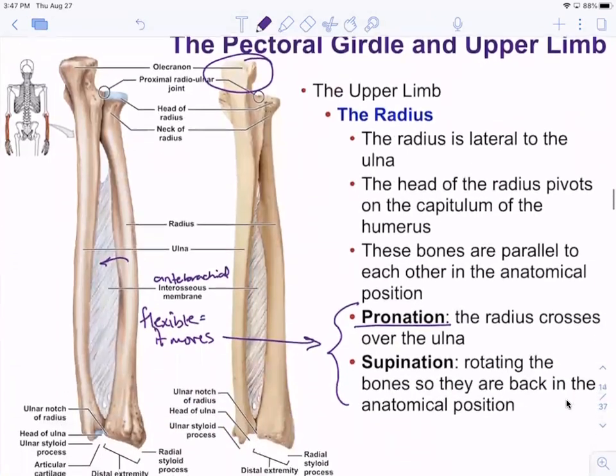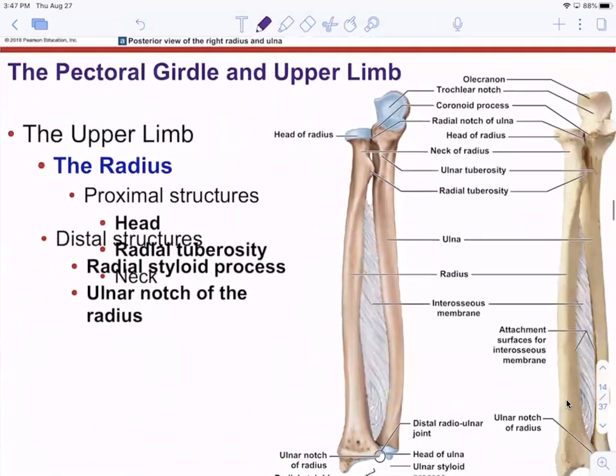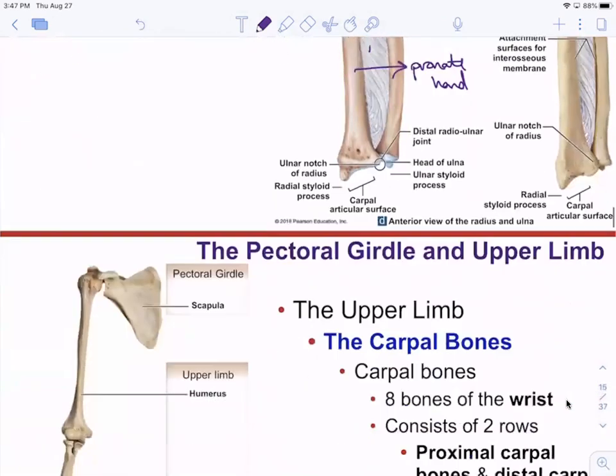So the radius can move and cross over, and this rolls over when you pronate the hand. So you have pronator muscles that do that, and then you have supinator muscles that bring you back to anatomical position.